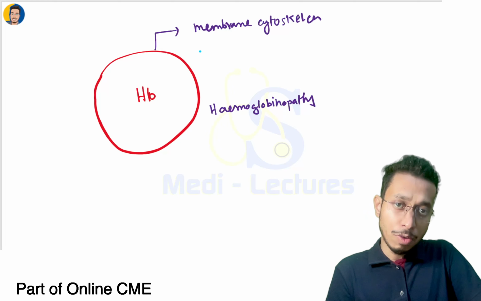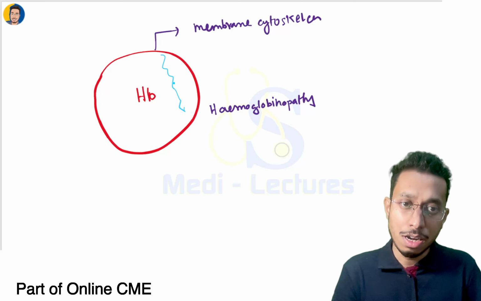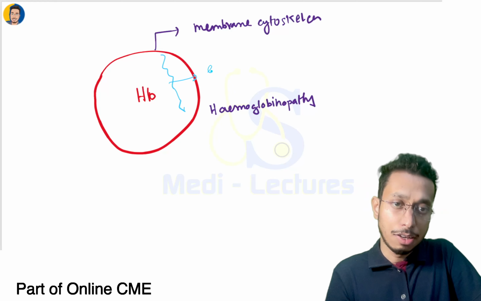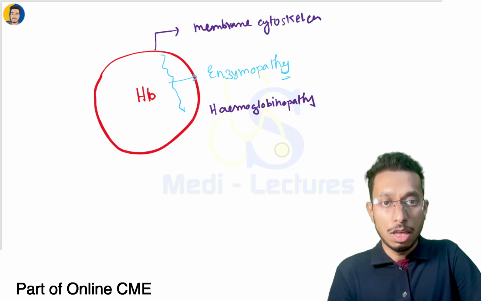There are a lot of different enzymes which help to maintain this order of metabolism, and this enzymopathy can also lead to hemolytic anemia. Alright.